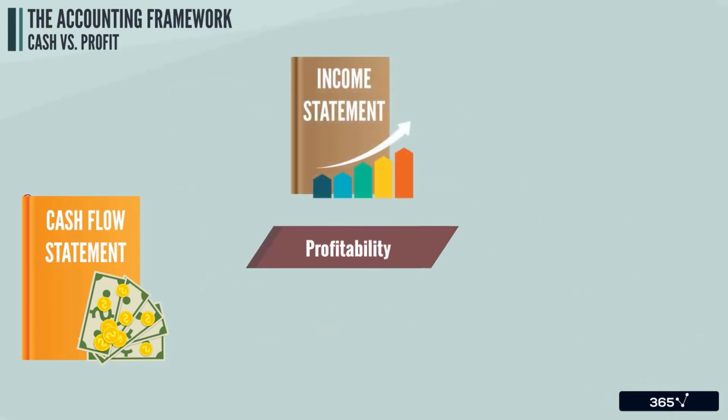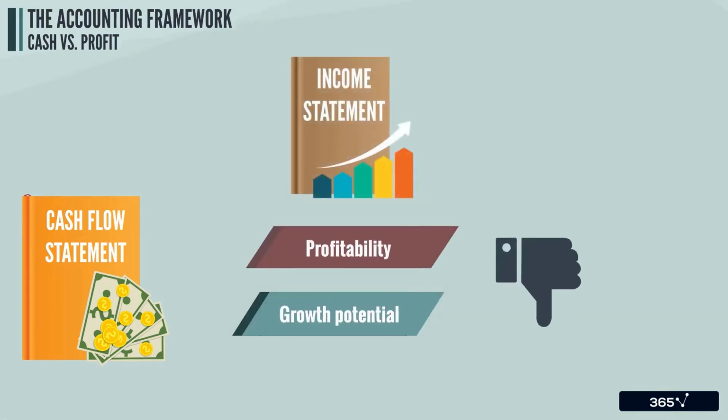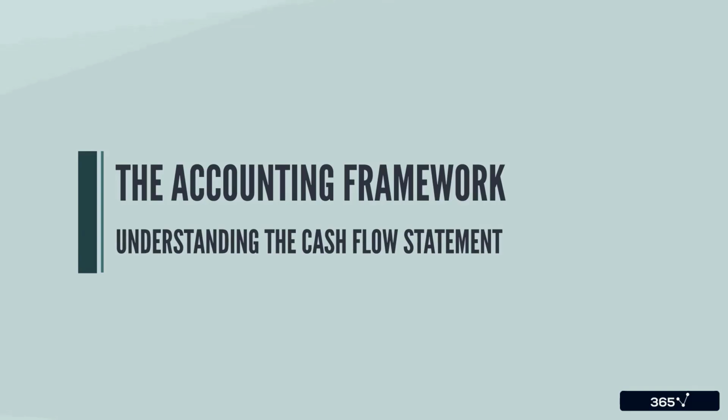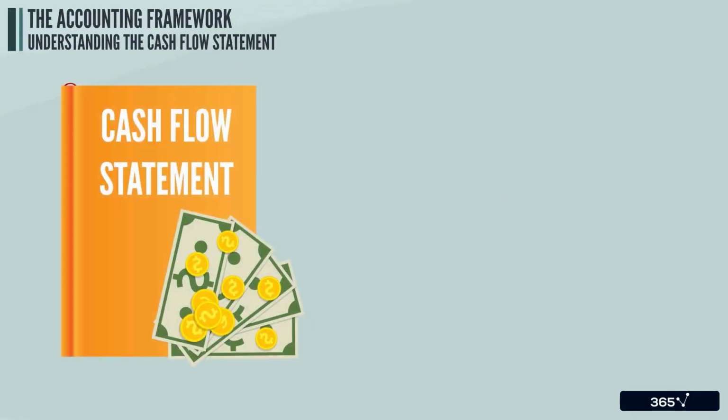You should understand that profitability and growth potential are worthless without cash-generating abilities. Therefore, it's critical for you to learn how to draft projected cash reports properly. In this lesson, we'll look at the three components, or sections, of a typical cash flow statement.